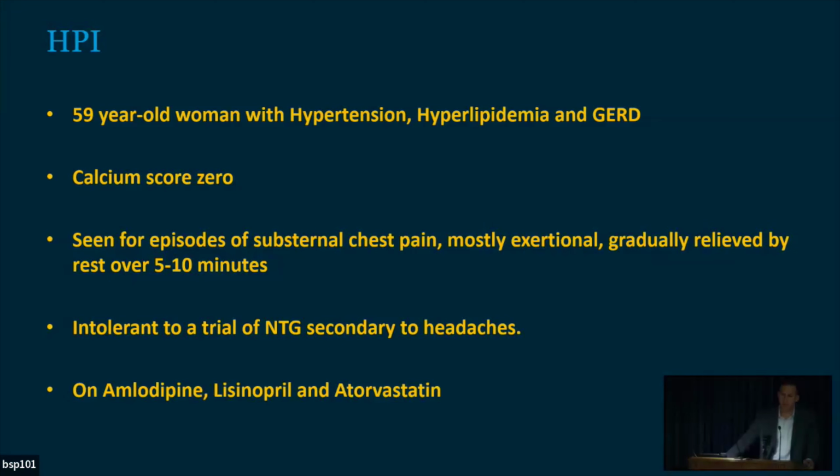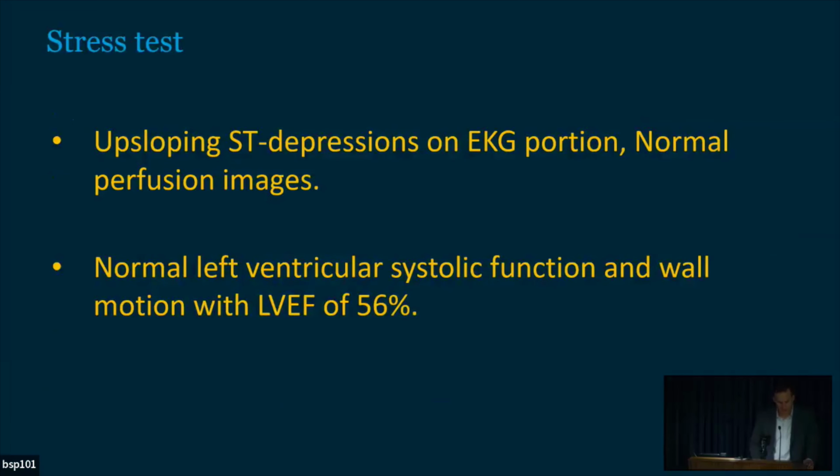The cardiologist tried to manage it medically first with nitro, along with amlodipine, lisinopril, and atorvastatin. But unfortunately, she continued to have symptoms. So non-invasive testing was pursued with the stress test on the 4th floor here at Georgetown. She had an exercise stress test that showed upsloping ST depressions on EKG.